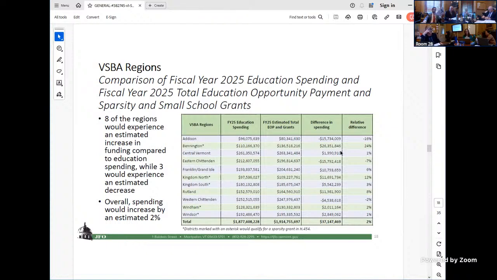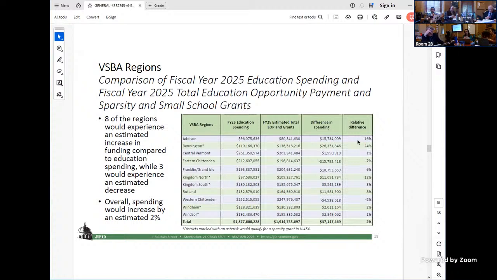This next column shows the difference in spending. If it's a negative, it's saying there would be less from the H454 foundation formula than in current education spending, all at FY25. And this final column is the relative difference.